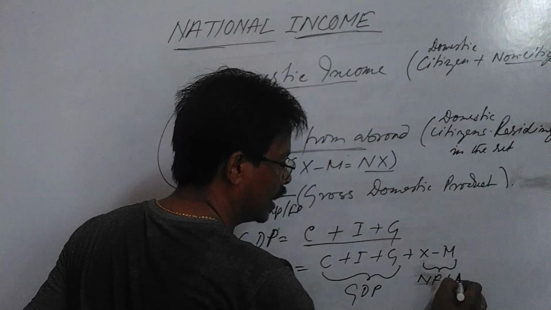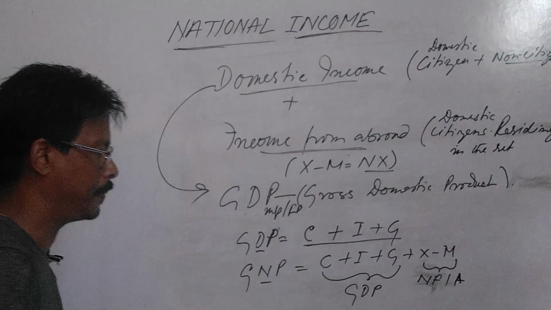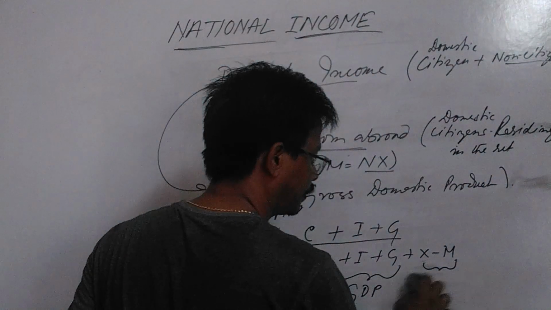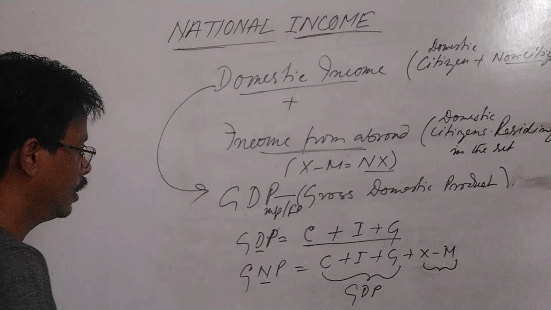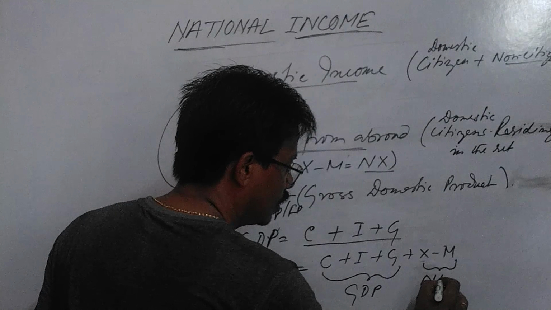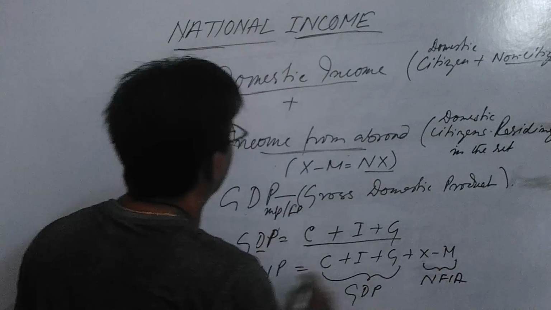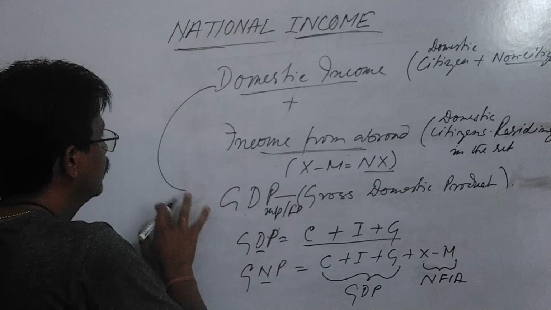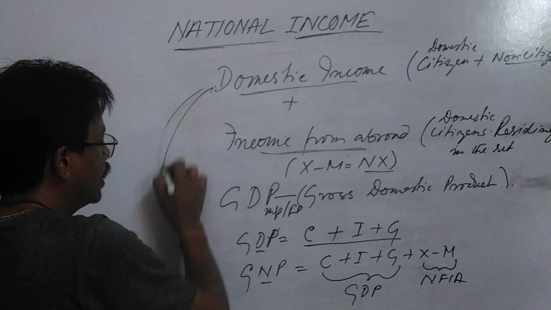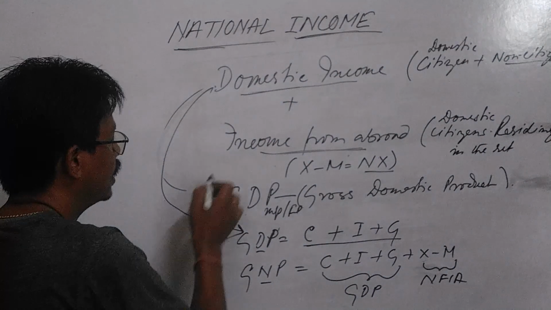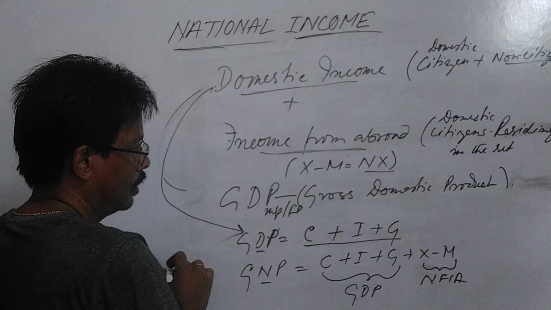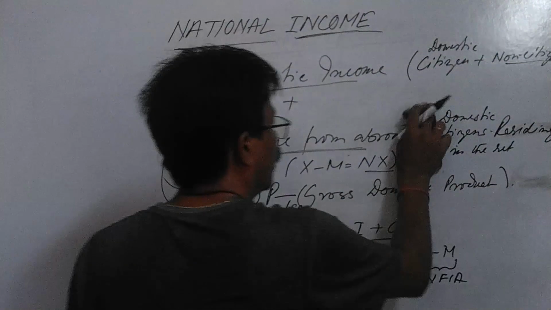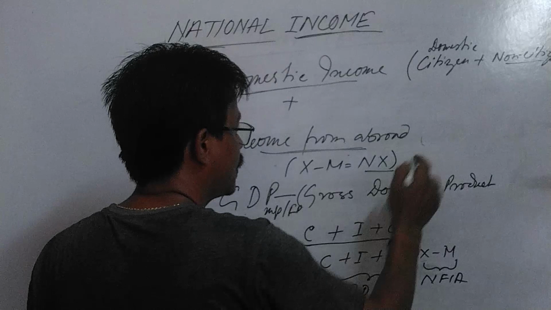In your book it is written as NFIA. That means we are obtaining domestic income with the help of domestic income. This is the account of domestic income, and this is the account of foreign income or income from abroad.